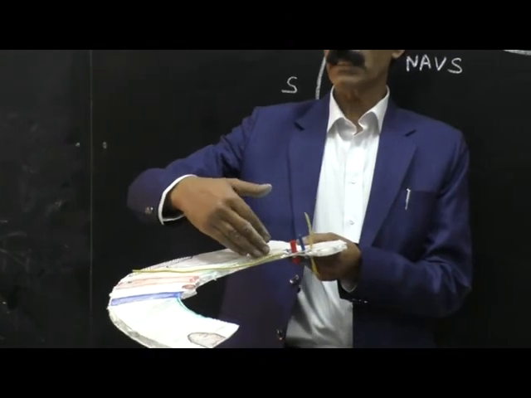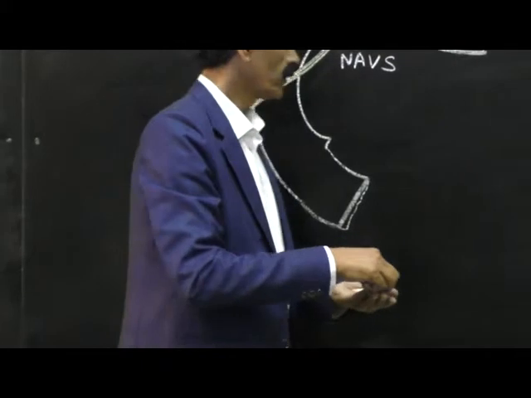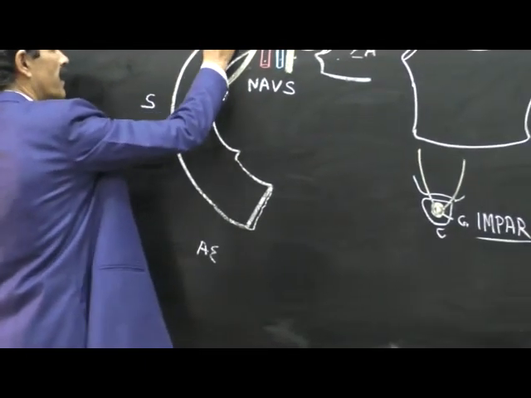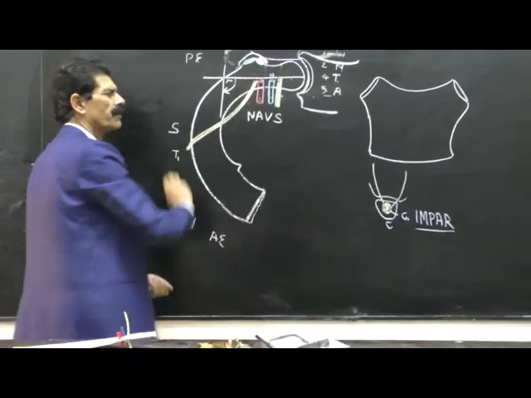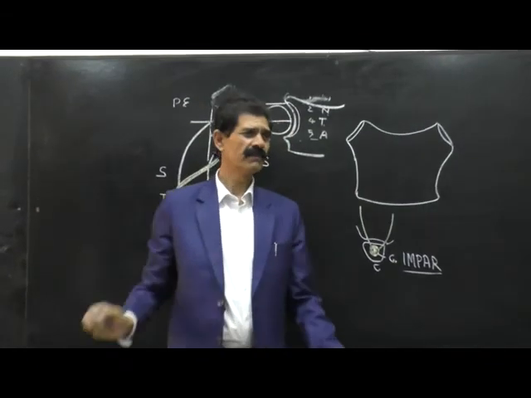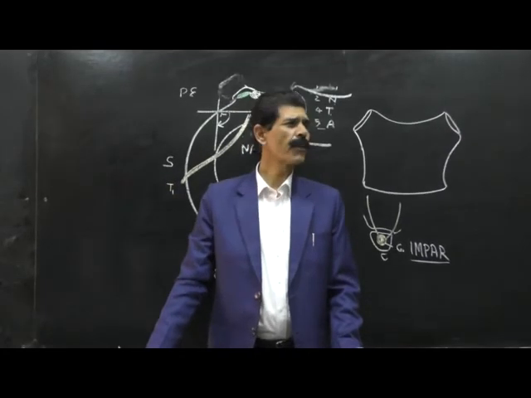Where the rib turns anteriorly, that is called the angle. It is almost like this, and here is the bend. This bend is called the angle of the rib. And this is the weakest point of the rib. That is the clinical importance of the angle of the rib.